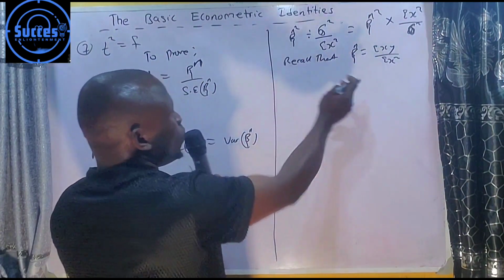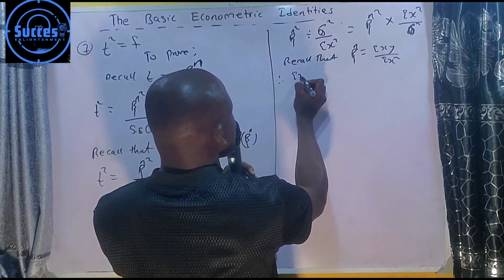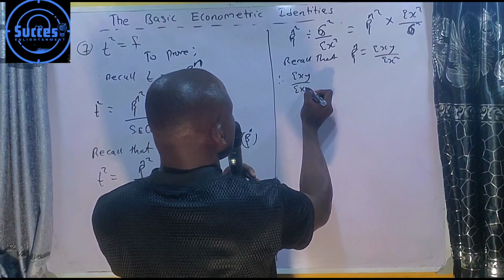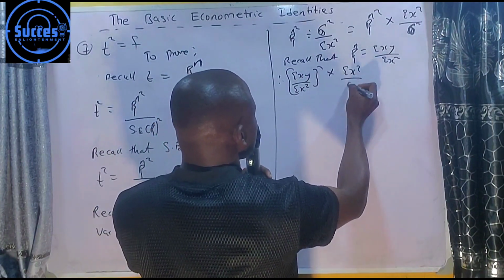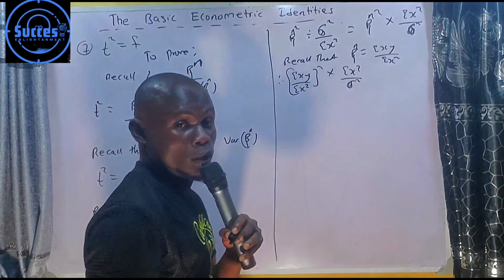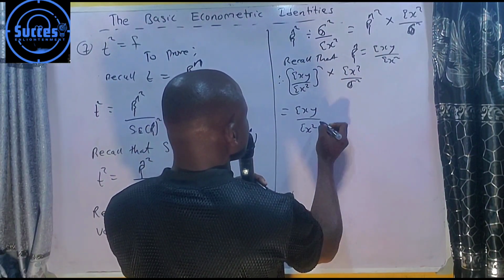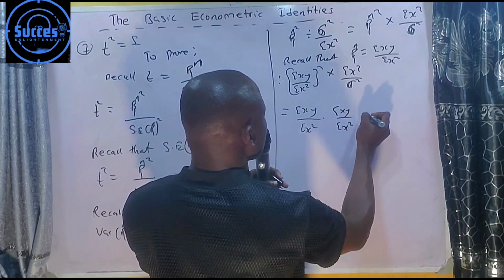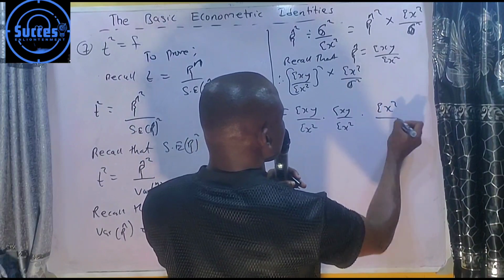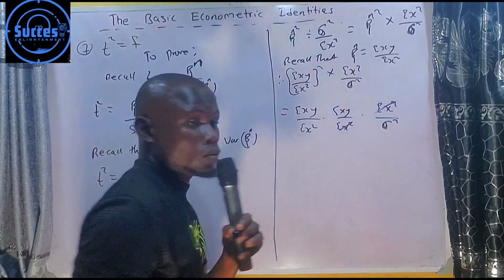So therefore we have to do this for beta cap. What we have is summation xy all over summation x square, everything square, times summation x square all over sigma square. This is the same as summation xy all over summation x square times summation xy all over summation x square times summation x square all over sigma square.